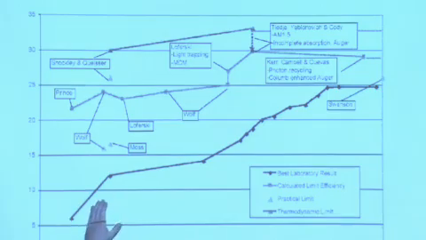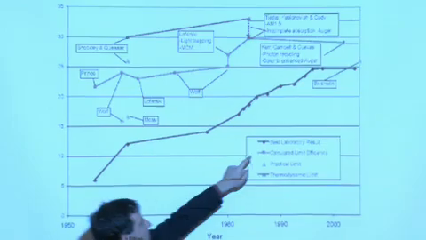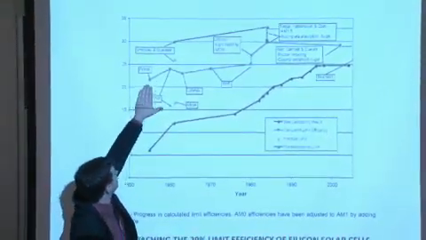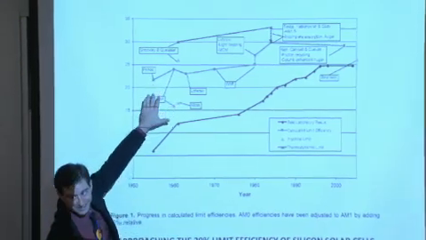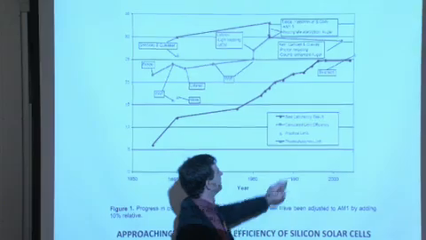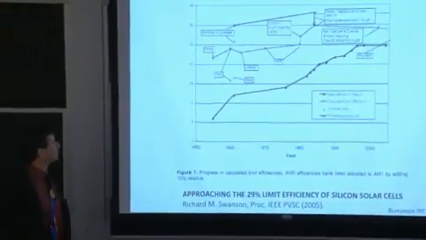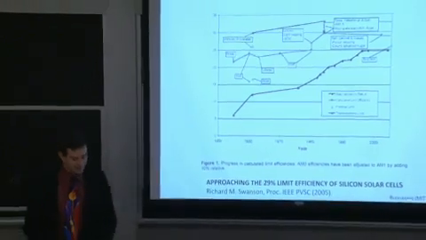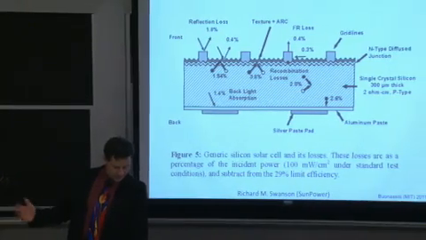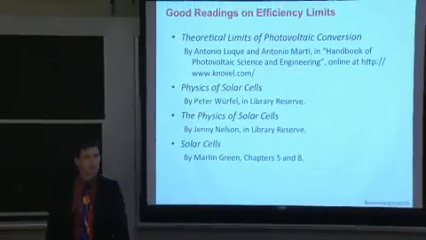And here is the actual best laboratory performance. So if we had, for example, the 25% efficient cell over there, it would already be higher than some of the earlier efficiency calculations for crystalline silicon. What Dick Swanson thinks is the practical limit is right there. That's the Swanson prediction, that we won't get much above 26% for crystalline silicon. So loss mechanisms are visualized right here, and there are several good readings on efficiency limits.